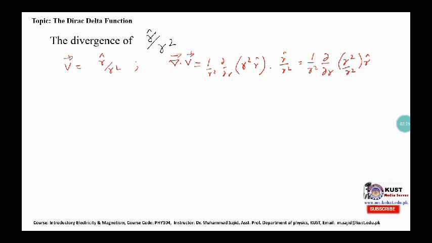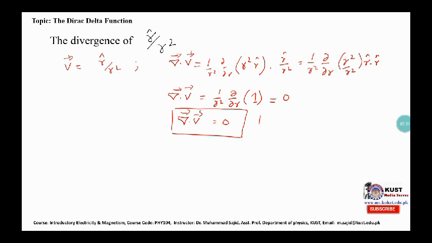We have r dot r. So divergence of v is 1 over r square d by dr of 1, which is 0. So divergence of v is equal to 0.